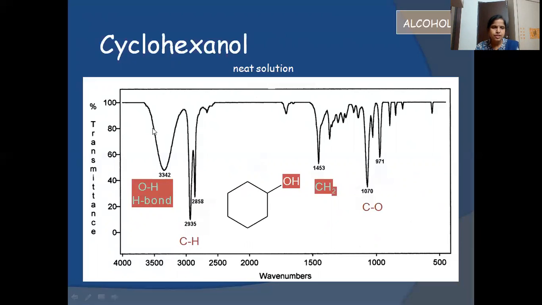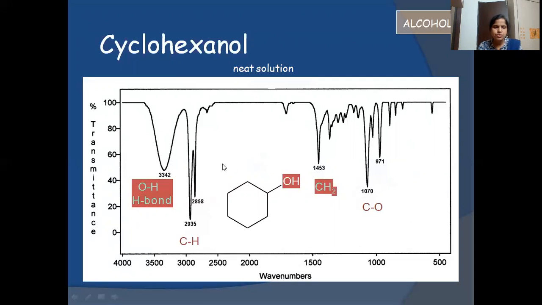Here you can see a broad band, a little bit broad because of hydrogen bonding. Actually, it should appear at 3600, and that too sharp. But because it is a little bit broad and appearing at 3300, we can say that there is a hydrogen bond formation taking place here.